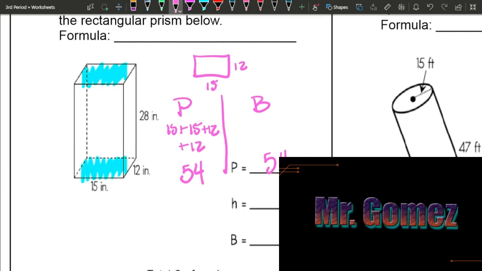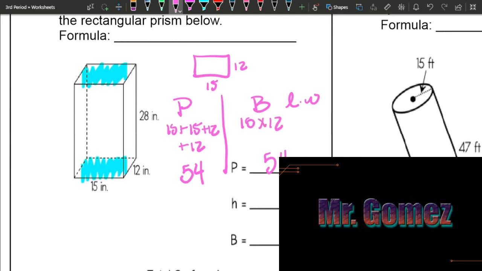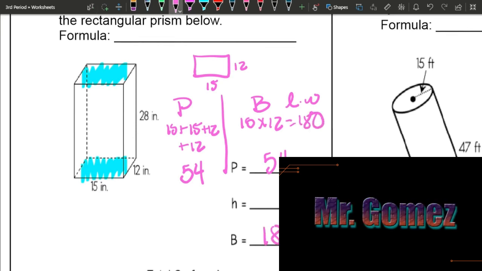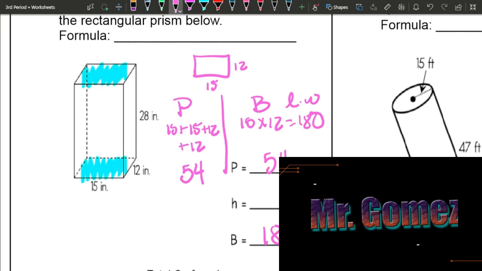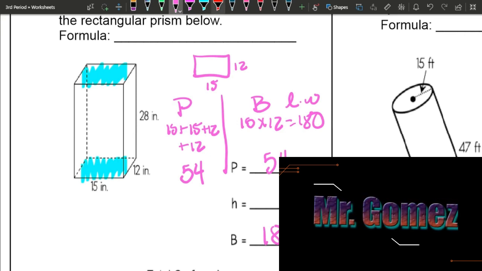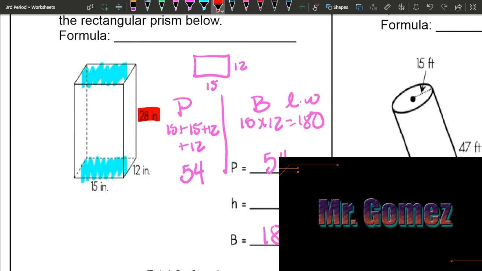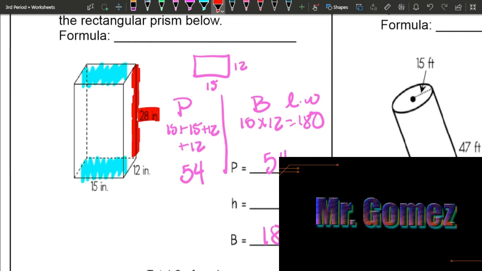For my area of the base, that's just length times width, which is 15 times 12, which is what? 180. So what's the only number that I have not used? 28. Is that the distance between the two bases? Yes. So that is going to be right here.